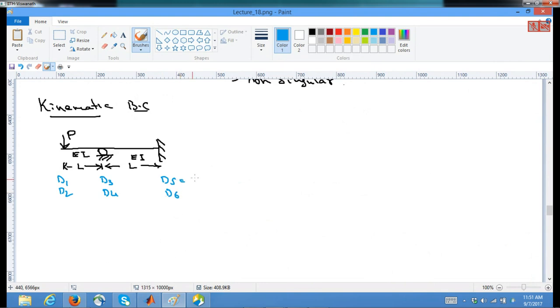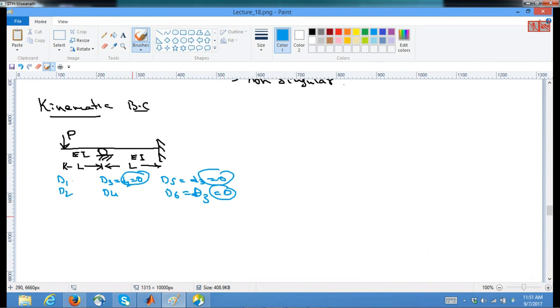This is nothing but the d3 and theta 3. We know that the displacement at this place is 0 and the slope is also 0. Further, here d3 is a vertical displacement. Because it is on the roller, it has to be equal to 0. So d3 is equal to small d2 equals to 0.